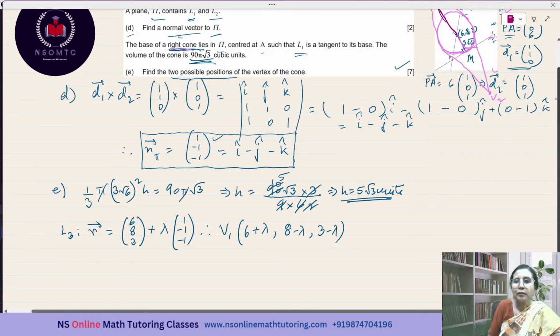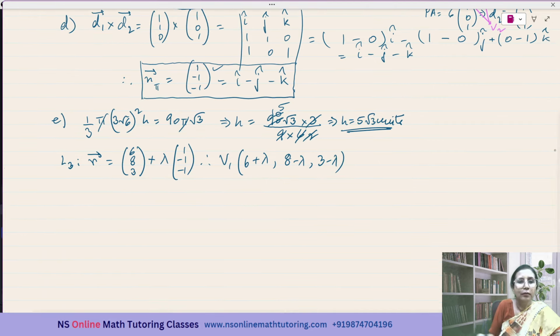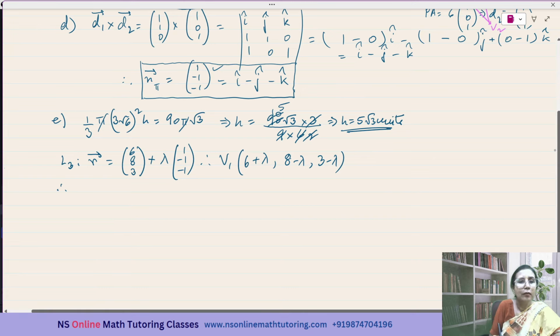Okay, therefore V1A is equal to, we know the coordinates of the point A, it is 6, 8 and 3. So 6 minus (6 plus lambda), so minus lambda.